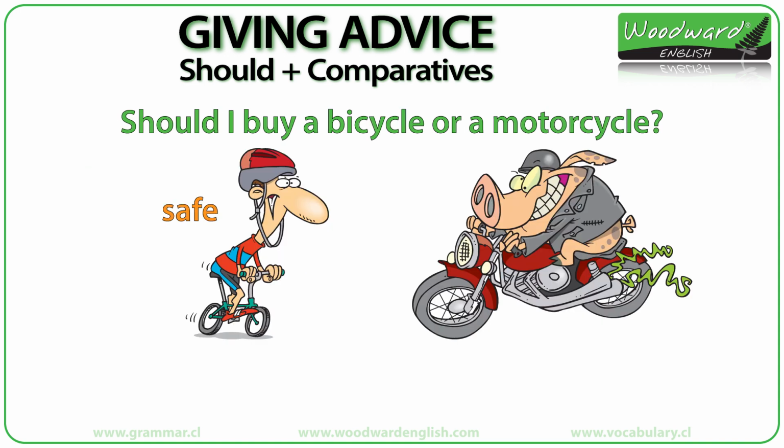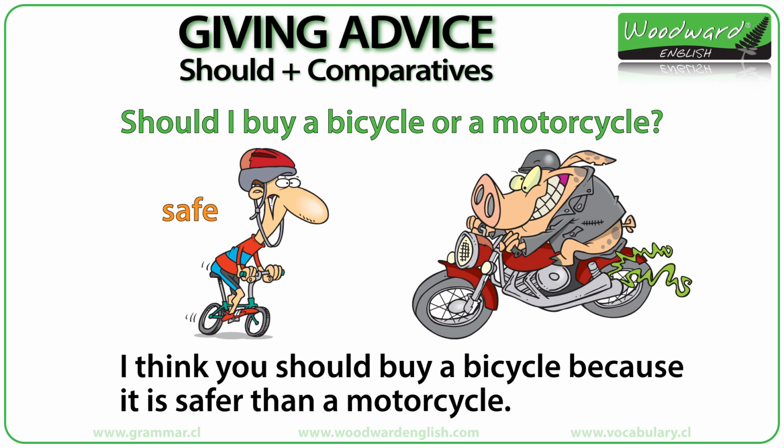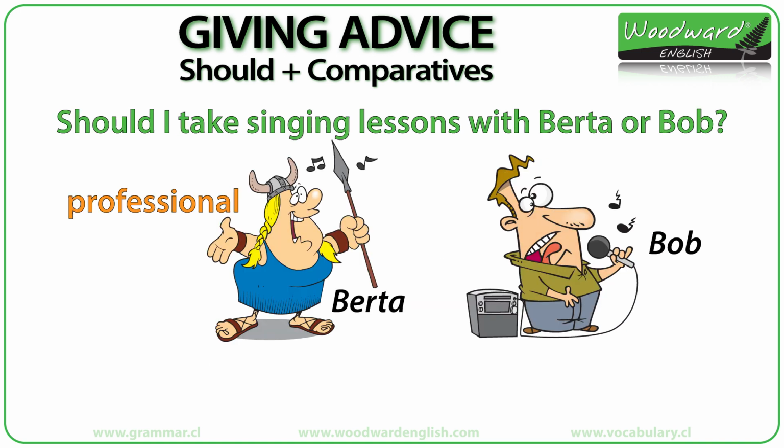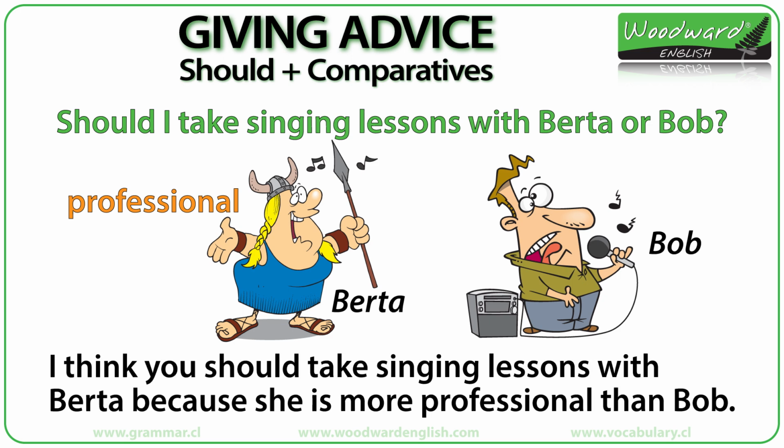Should I buy a bicycle or a motorcycle? I think you should buy a bicycle because it is safer than a motorcycle. Should I take singing lessons with Berta or Bob? I think you should take singing lessons with Berta because she is more professional than Bob.